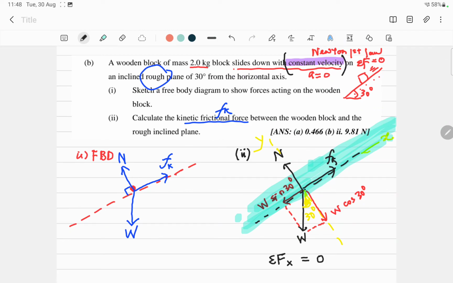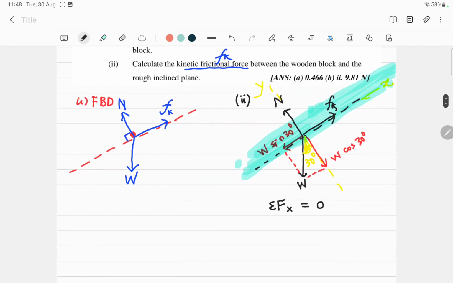Because the question said it moves with constant velocity, no acceleration. So we have Fk minus W sin 30 equals 0, which means Fk is W sin 30. W is mg, so mg sin 30.